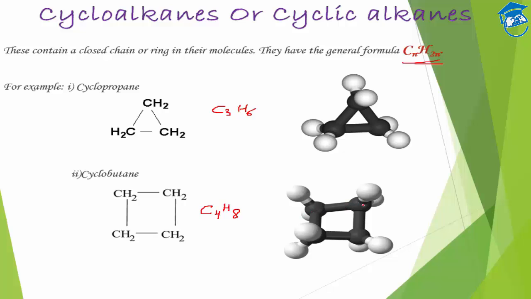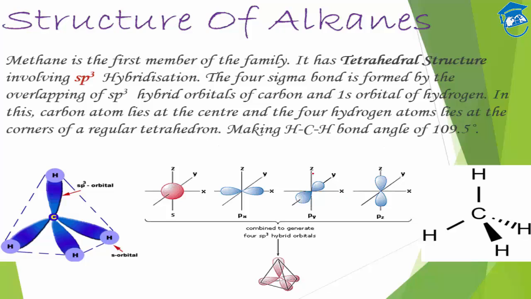If you observe each of the carbons, it is a tetrahedron. So we'll discuss this structure. Let's start with the first member of the family, methane, which will provide the simplest structure. Carbon with 4 hydrogen atoms attached to it.